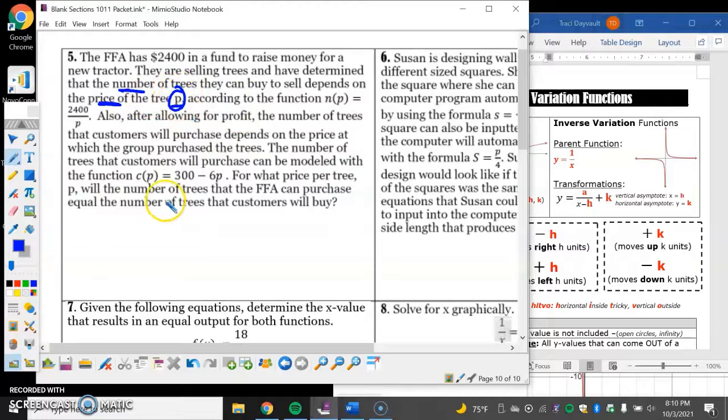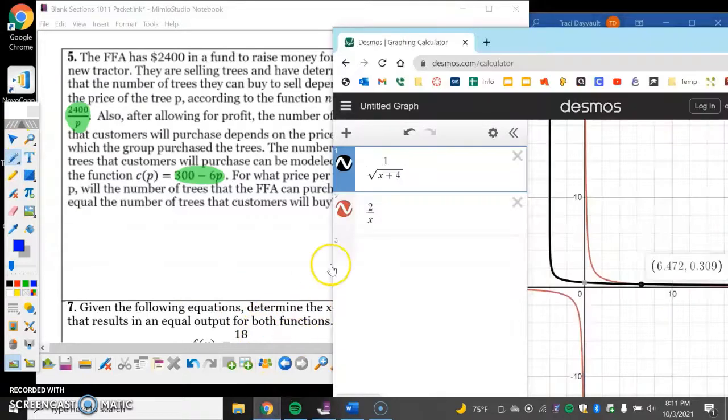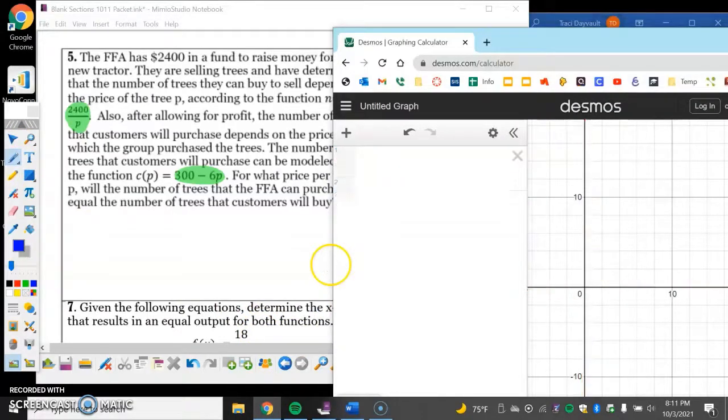So the price P is sort of like the X value, the input. We want to know for what price the number of trees they buy equals the number of trees that the customers will buy. So all we have to do is set these two equations equal to each other. We do know how to solve that without Desmos because we looked at that a couple sections ago.